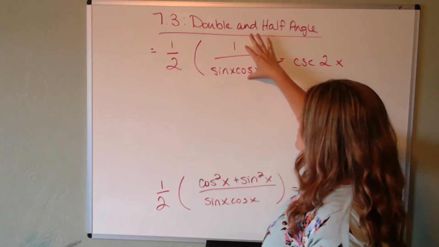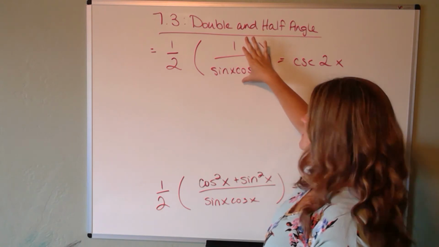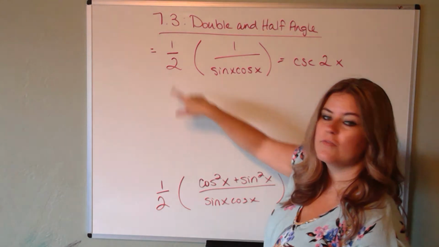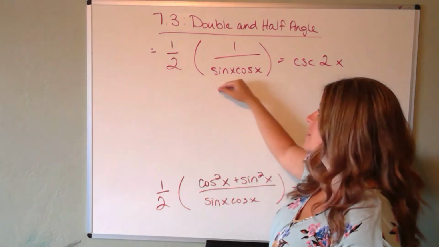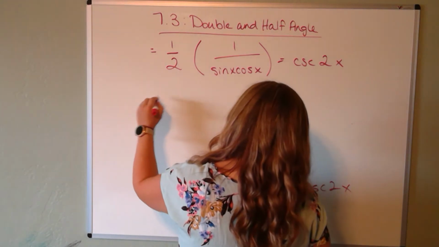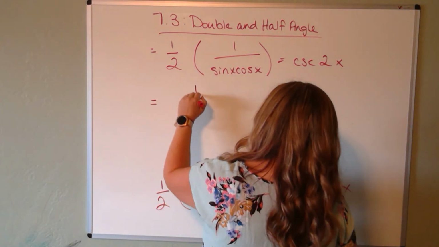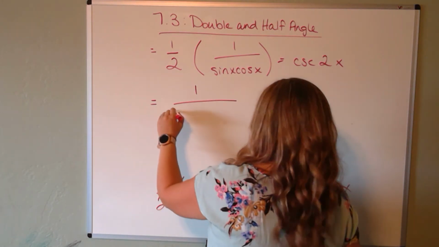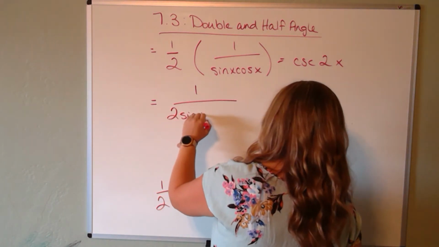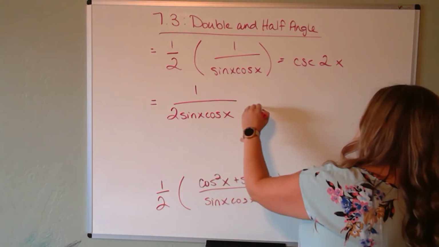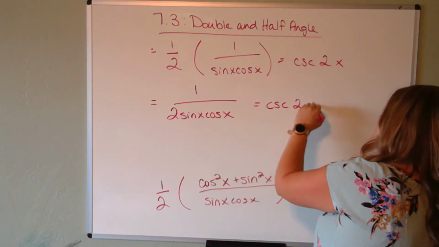Now that this is just a single fraction and it's as simplified as it gets, just multiply by the 1/2. This is two fractions multiplied together, straight across the top, straight across the bottom. So on top, 1 times 1 is 1. On the bottom, 2 times sine x cosine x is just 2 sine x cosine x equals cosecant 2x.